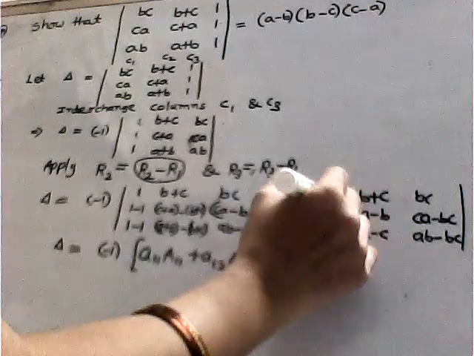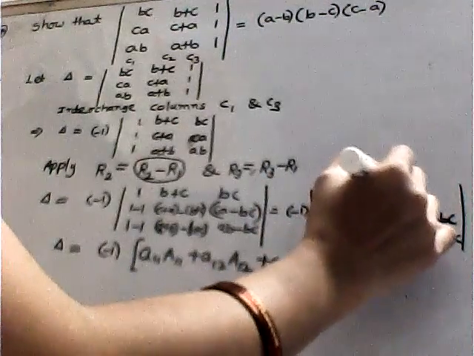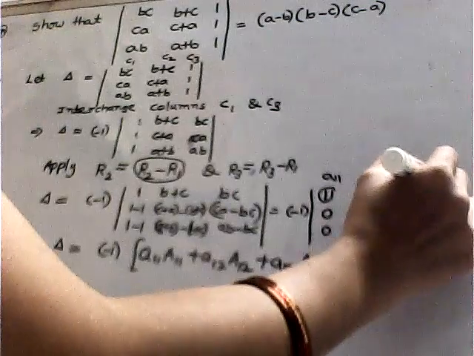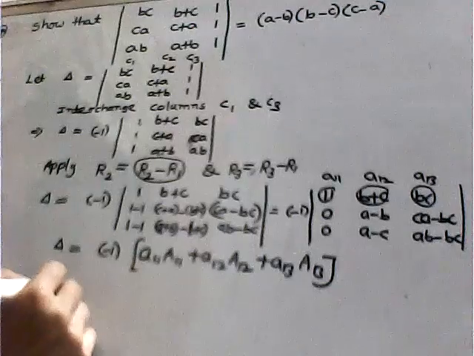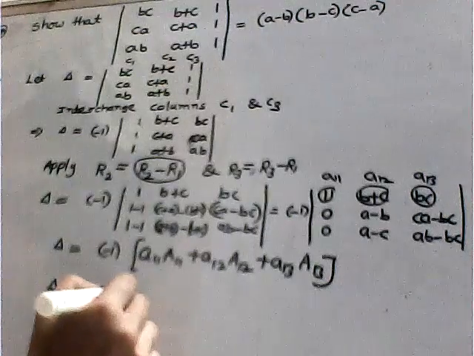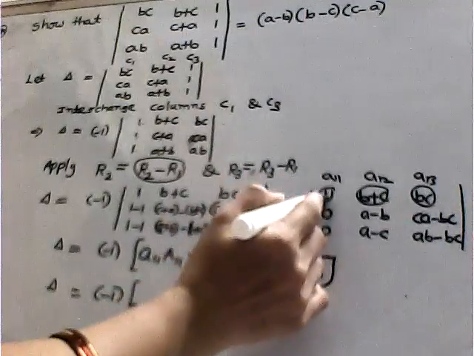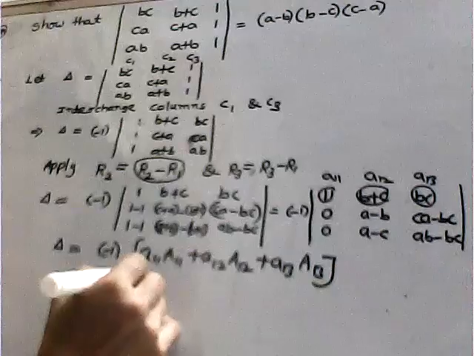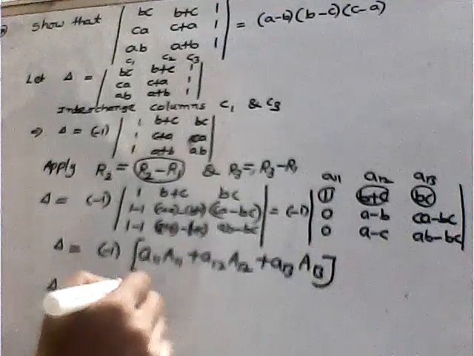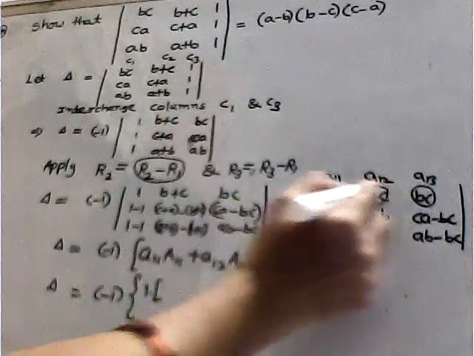Here this is A11, this is A12, this is A13. Now delta equals minus 1 into 1 into capital A11, which we can find. This is in the first row, first column.